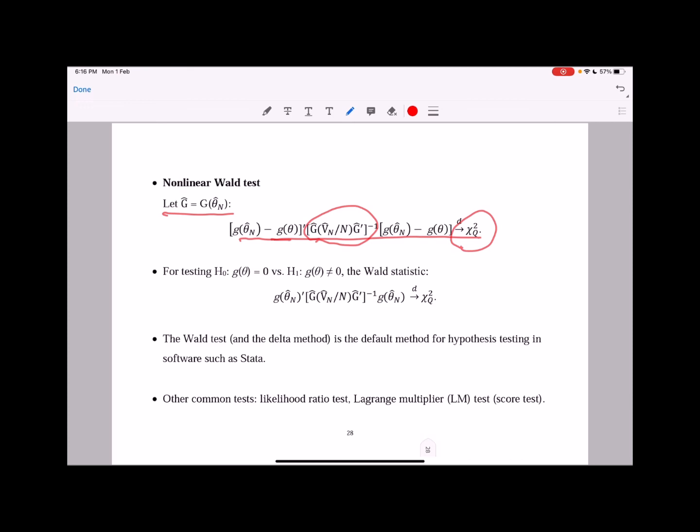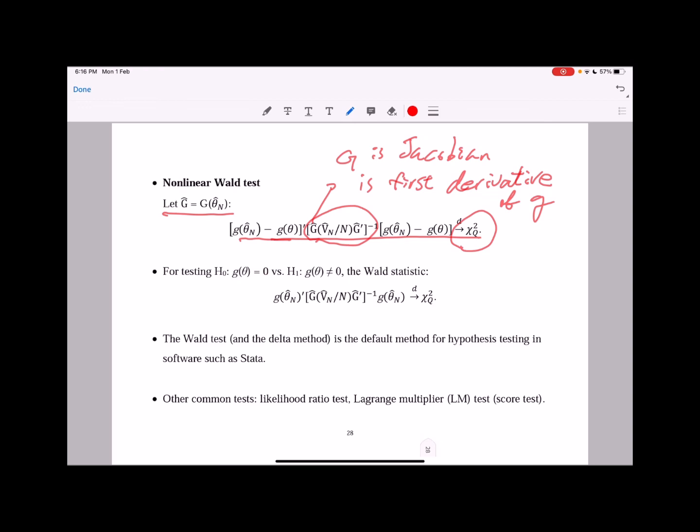And the G here, again, the big letter G is the Jacobian matrix, which is the first derivative of the function G.